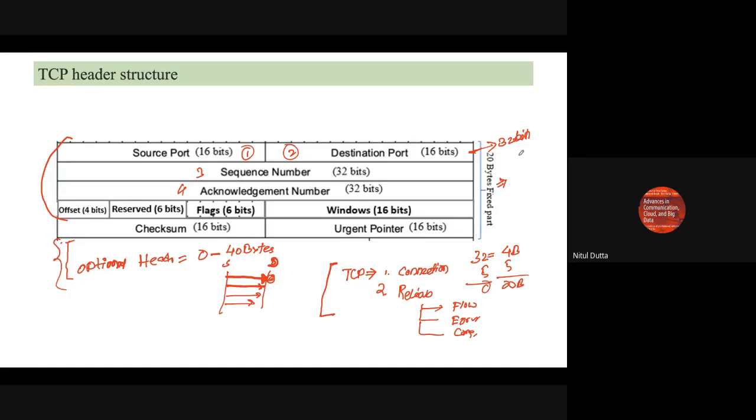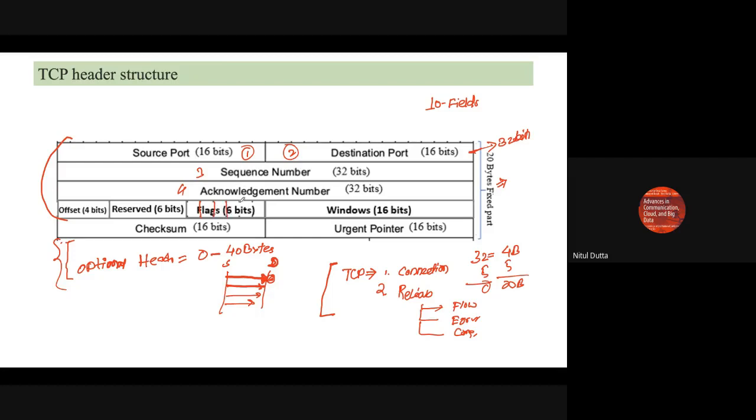And total number of bytes in the TCP header is 20 bytes, and 1 2 3 4 5 6 7 8 9 10, 10 different fields, right? And varying size. Source port, destination port, these are used for identifying the end applications. Similarly, one very important part here are the flags.